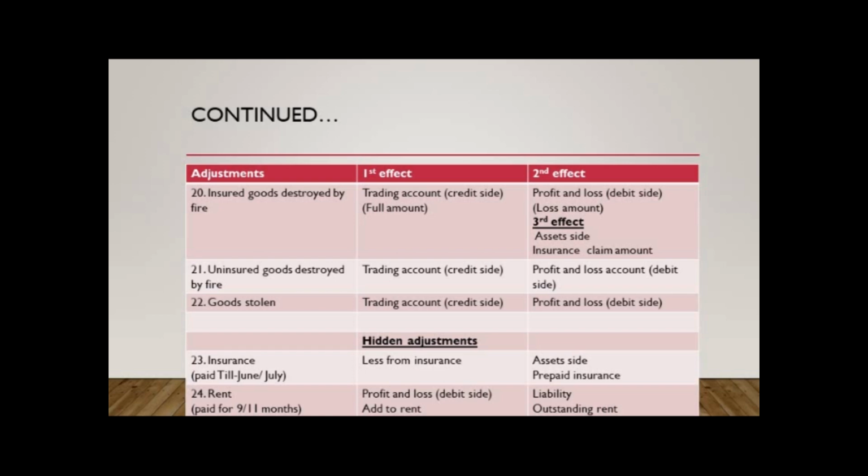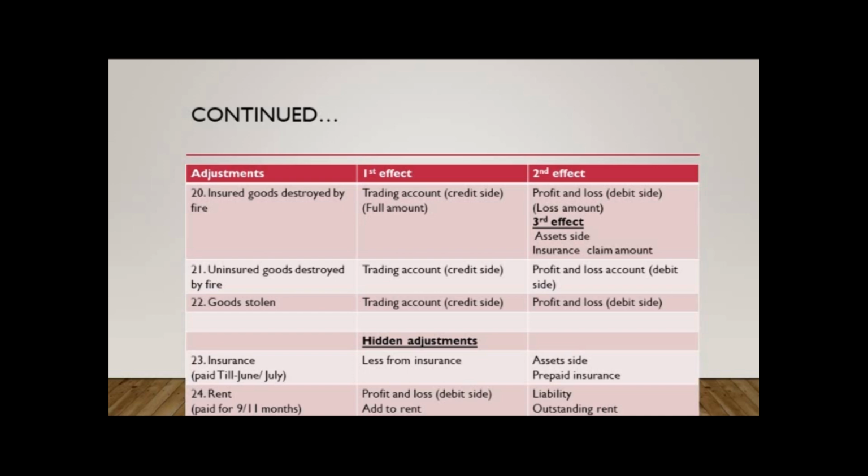The next is rent. Again it is given here in brackets, paid for 9 or 11 months. Now it means we have paid rent either for 9 months or for 11 months or whatever period they mention in the sum. Now if it is paid for 9 months, it means we have to still pay for 3 months.